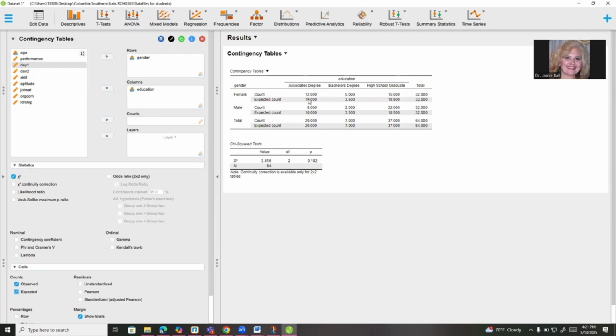But now I'm going to look at each of these expected counts, and I need to make sure they're 5 or greater. And if you see right here, male for bachelor's degree is not 5 or greater, and neither is female. Okay, female, the expected count for bachelor degree is 3.5, and in male, the expected count is 3.5.